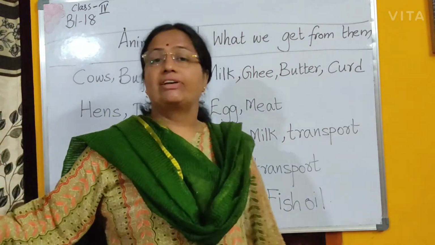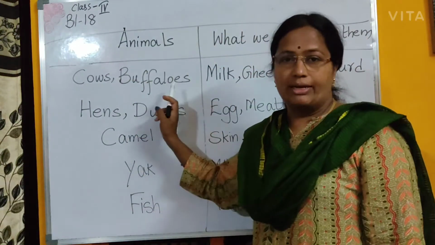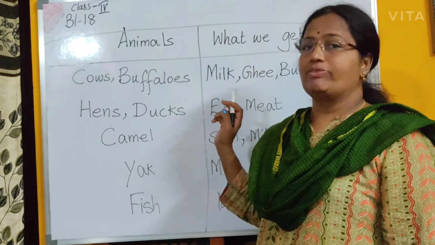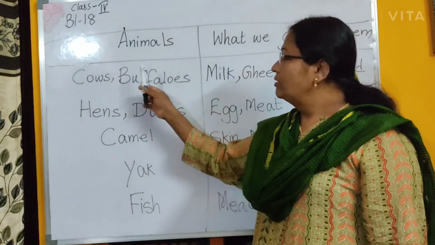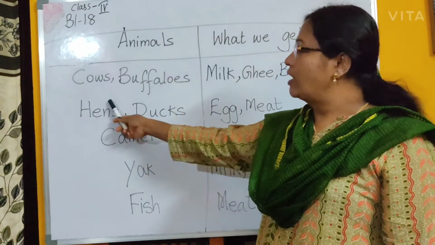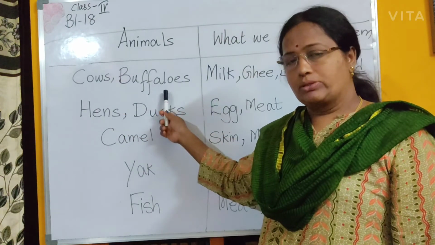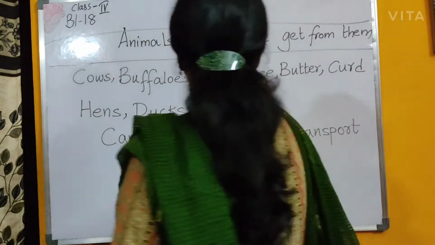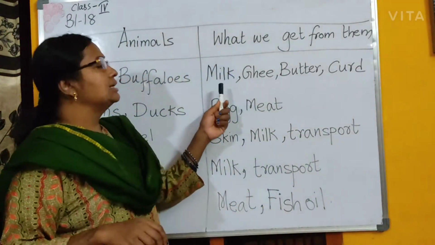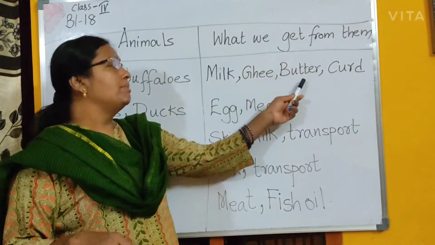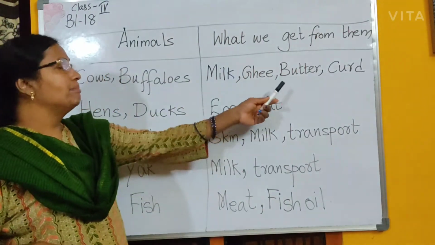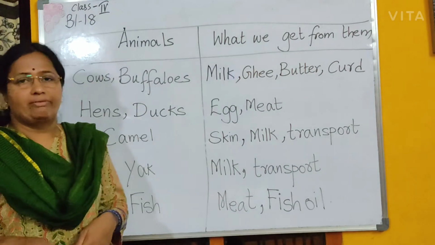So what are the animals here? Cows, buffaloes. What do we get from cows and buffaloes? Okay, here we have milk, ghee, butter and curd. Milk, ghee, butter and curd, okay, from buffaloes.